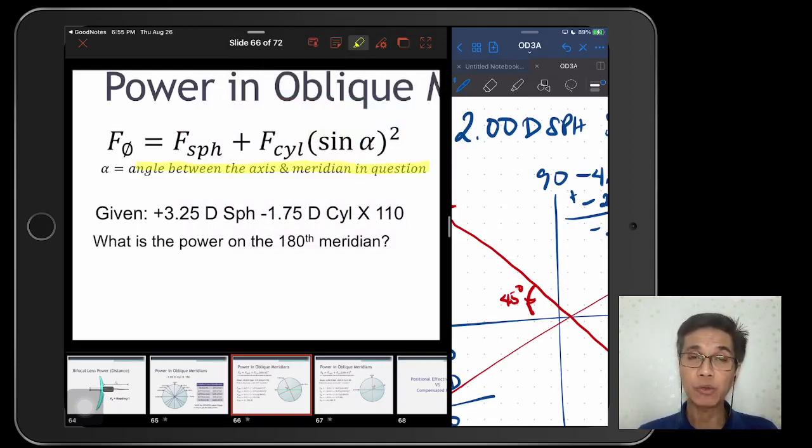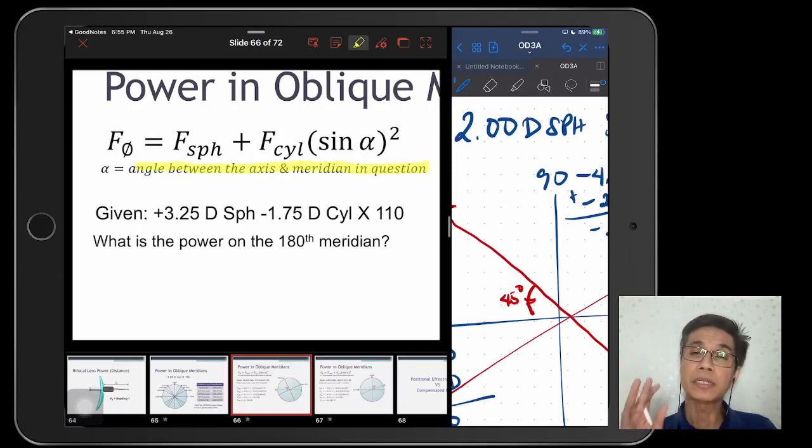Gaano bang kalayo siya? Yung meridian in question natin, gaano kalayo ba siya from the axis meridian? Kanina, meron na tayong napag-usapan. Kapag yung meridian mo in question is 30 degrees from the axis, 45 degrees, or 60 degrees from the axis, madali lang.